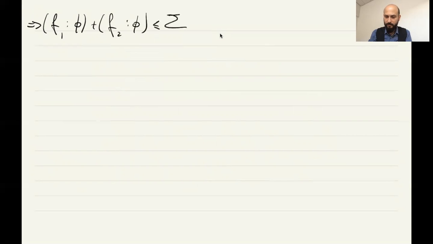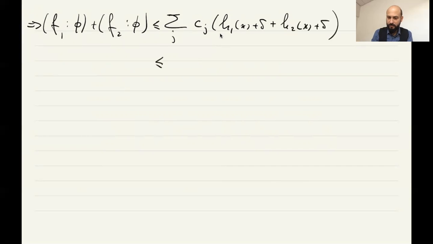So the sum over j of c_j is going to be h1(x plus delta), and I put just in one parenthesis h2(x plus delta). Now let's use the fact that here h1 plus h2 is less than 1, and we get that.